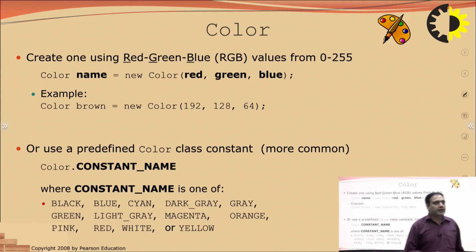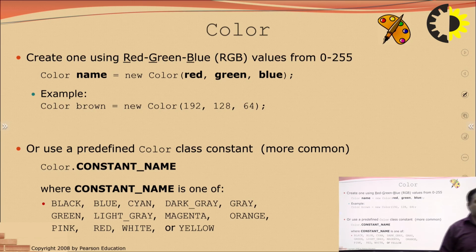Color: create one using red, green, blue. RGB means red, green, blue. It is the standard color. Create one using red, green, blue values from 0 to 255. Color name equals new Color(red, green, blue). Example: Color brown equals new Color(...).